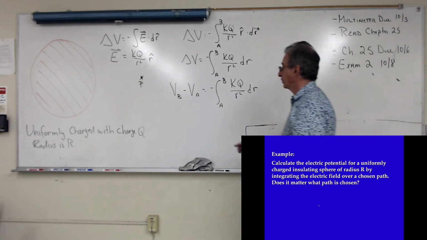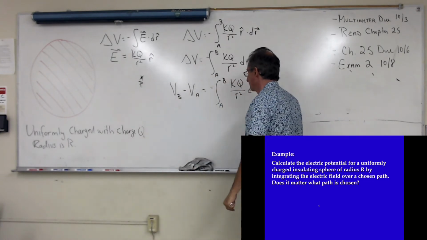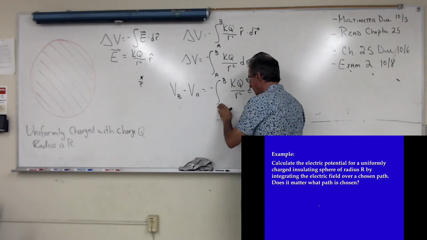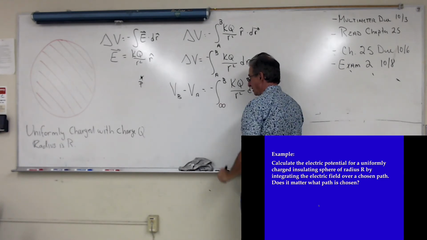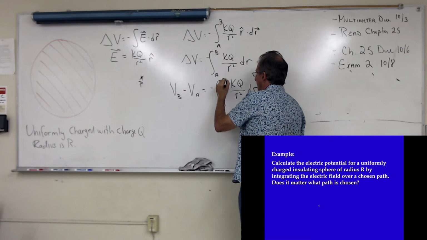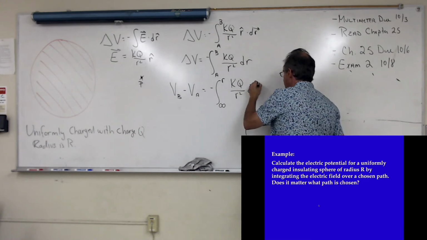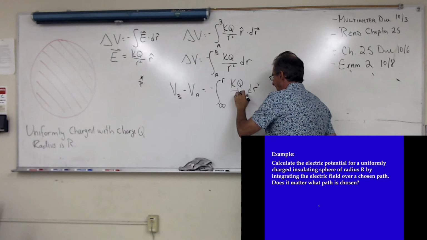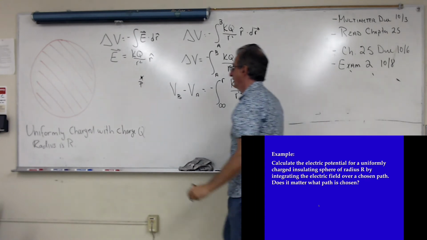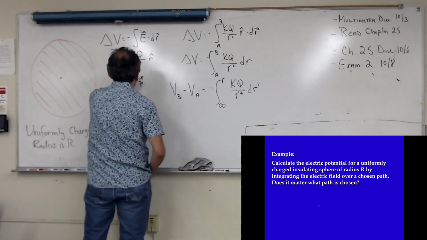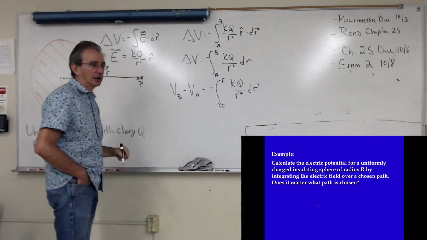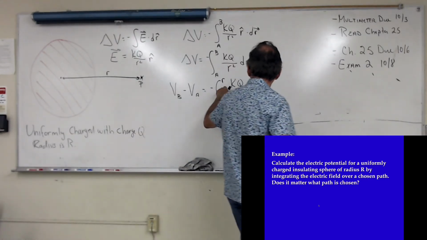Now I want to find the electric potential here. I want to choose a judicious point for A. So I'm going to integrate from infinity to r. There's too many r's here, so I'm going to be careful with my notation. This is r away, an arbitrary r away.